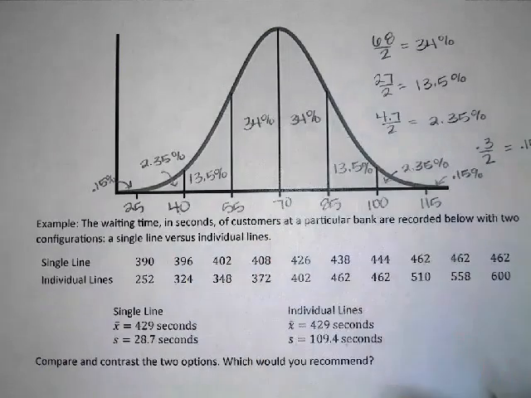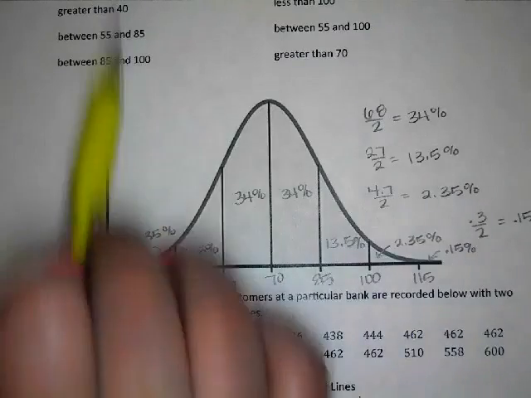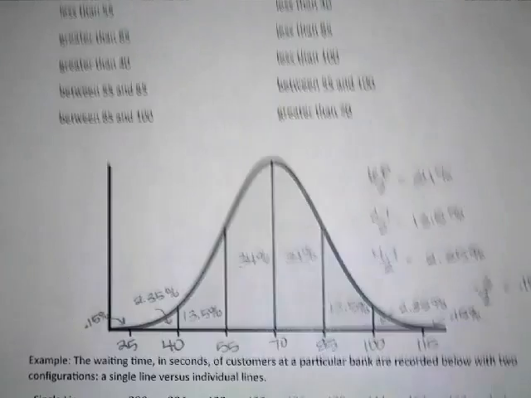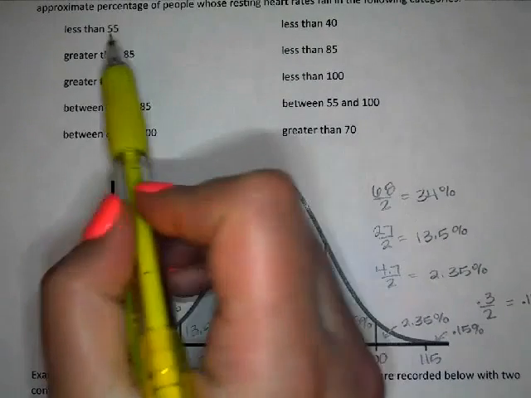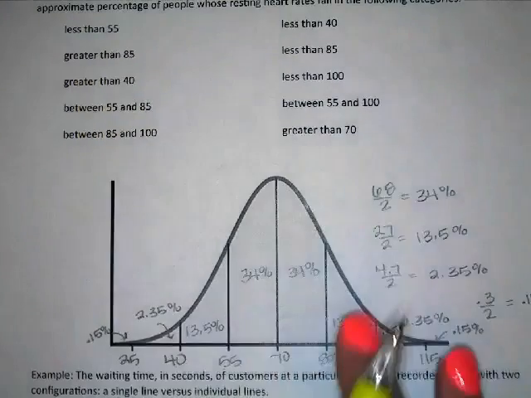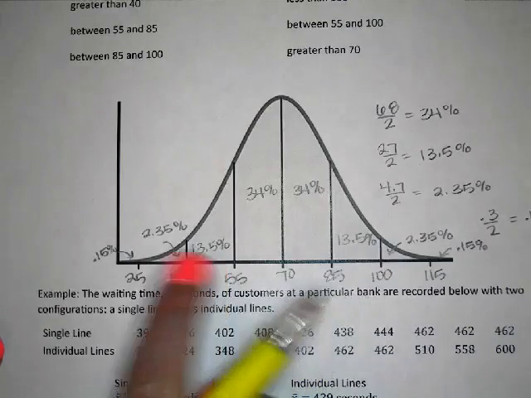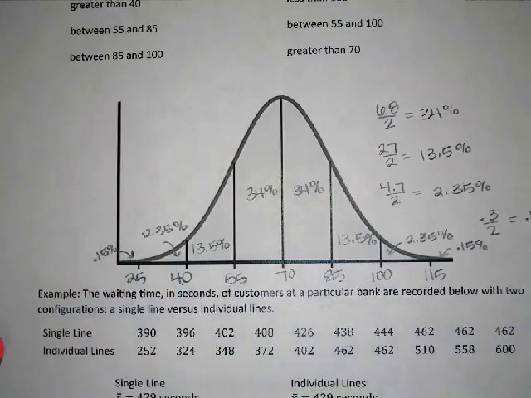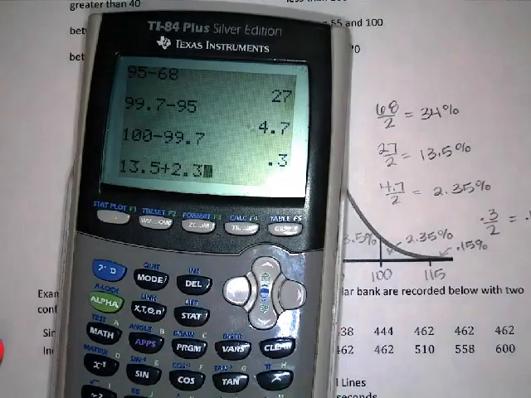Okay, so now we're going to look at these and calculate what percentages answer the question. So what percentage is less than 55? So 55 is right here. I'm going to add 13.5%, 2.35%, and 0.15%. 16%.